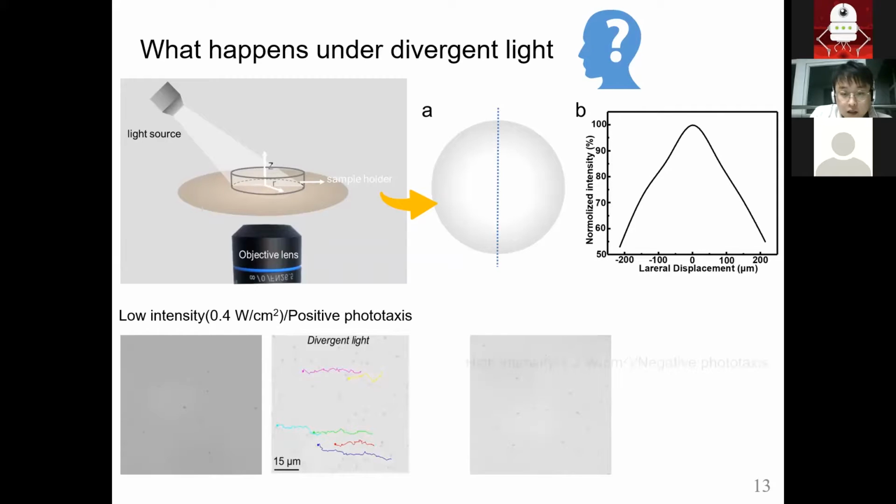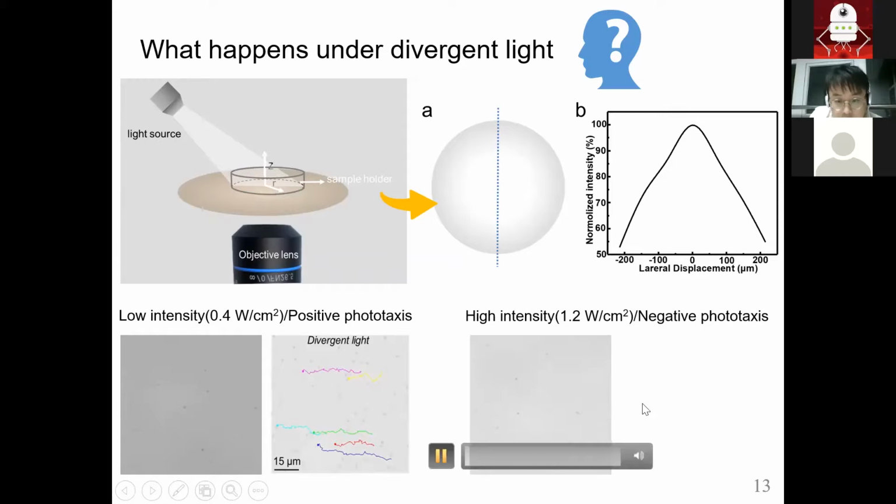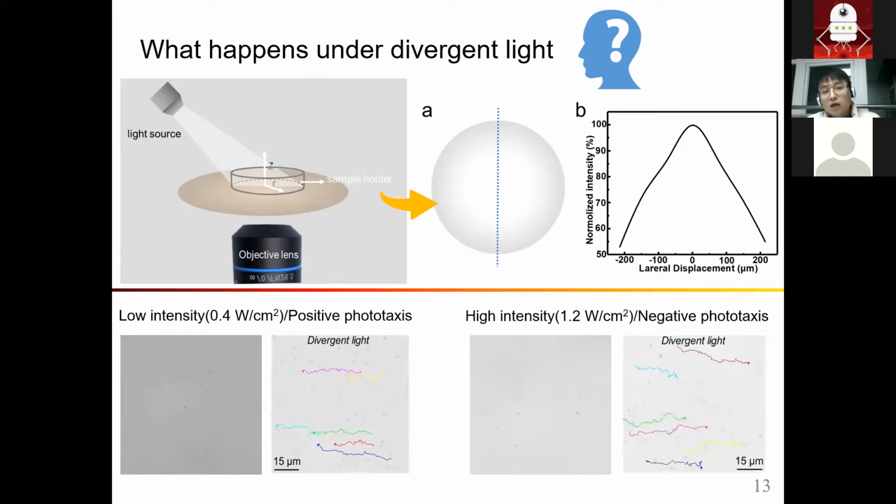And under the high intensity of light, 1.2, they show negative phototaxis. In conclusion, under weak and strong light, the micromotors show collective positive and negative phototaxis under a diverging light, as expected.